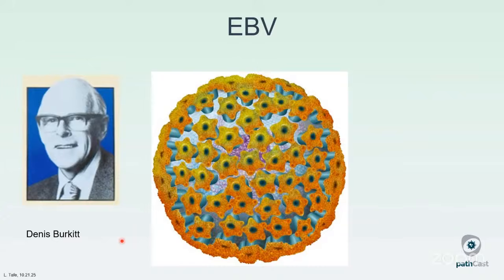And after the war, he decided that he wanted to continue medical service in the developing world, and he moved to Uganda and ultimately settled in Kampala. And that is the location where the EBV, or Burkitt's lymphoma, was really recognized.